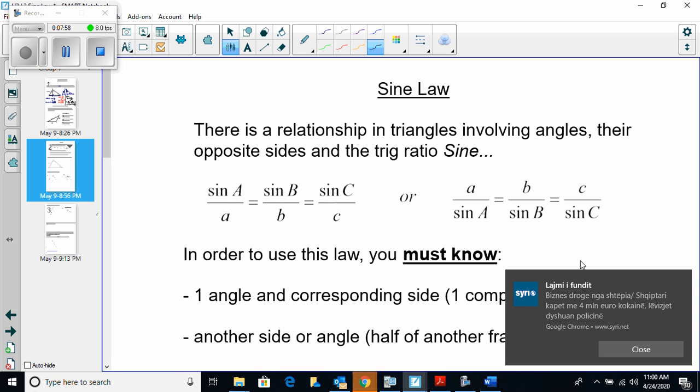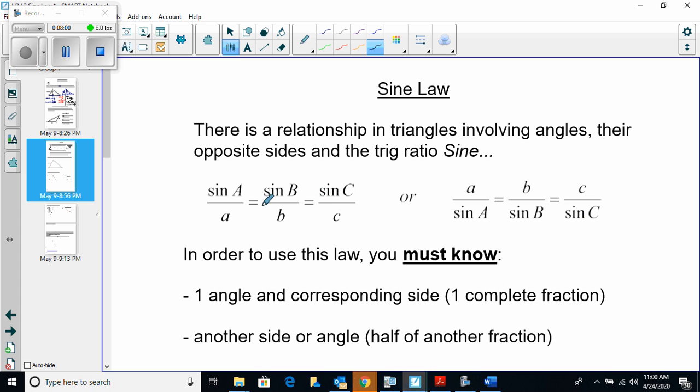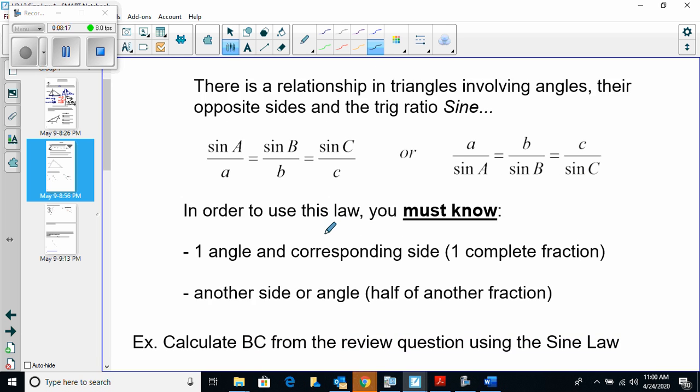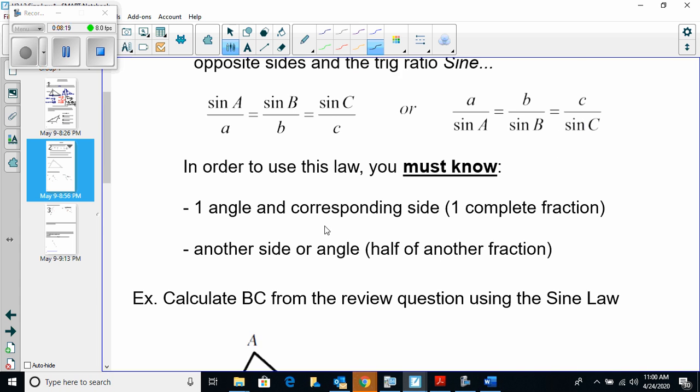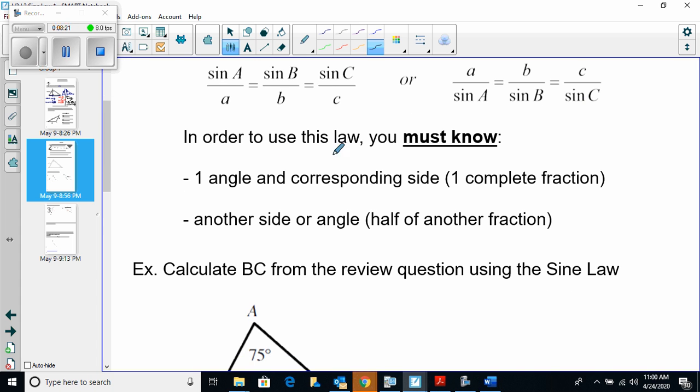So sine A over a is equal to sine B over b is equal to sine C over c, or inversely, a over sine A equals b over sine B equals c over sine C. And in order to apply this law, you must know one angle and the corresponding side.